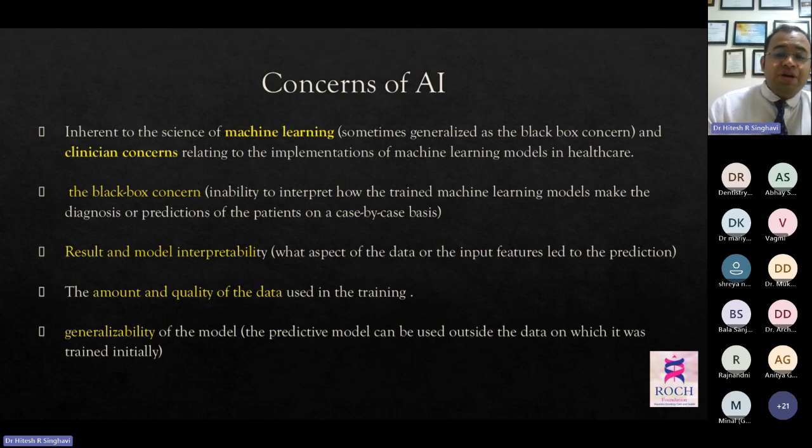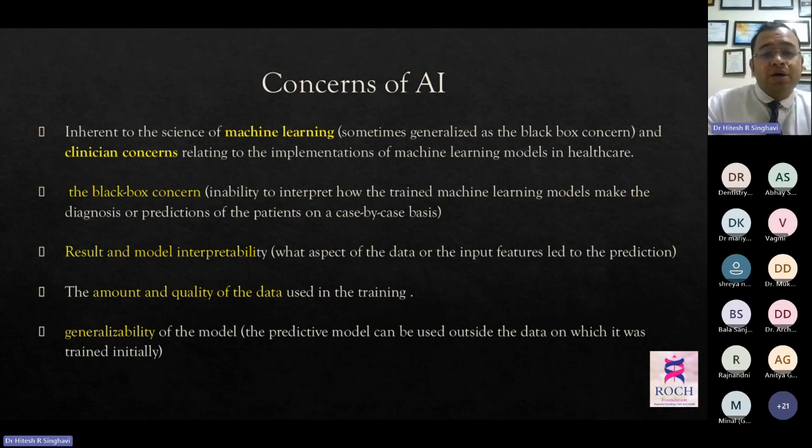Now they tried to find out what was the reason behind it. The reason was that the data with which that facial algorithm AI was made was for non-colored individuals. For colored individuals, the sensitivity and specificity significantly dropped, and that is the reason why AI made that mistake.